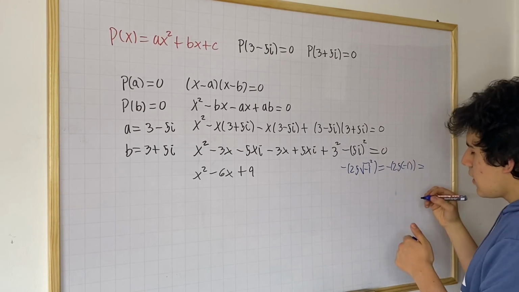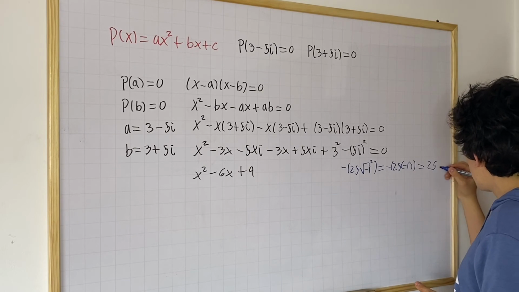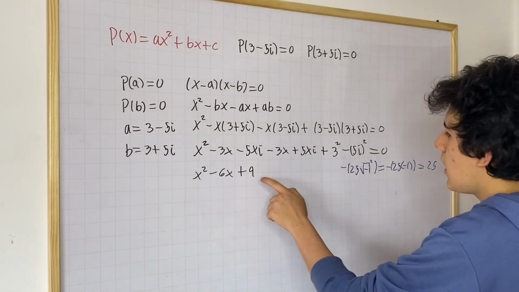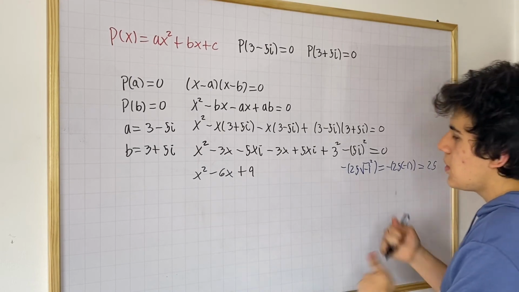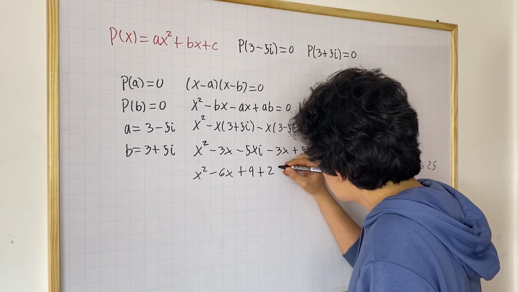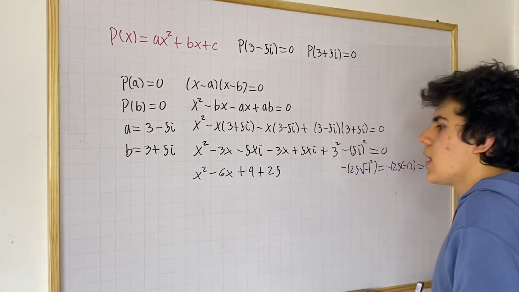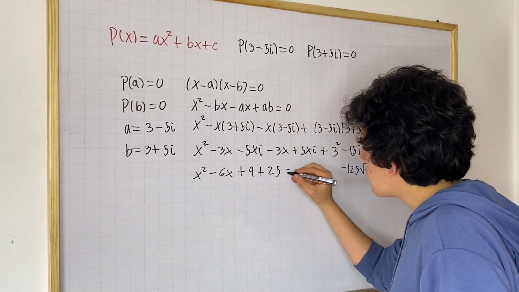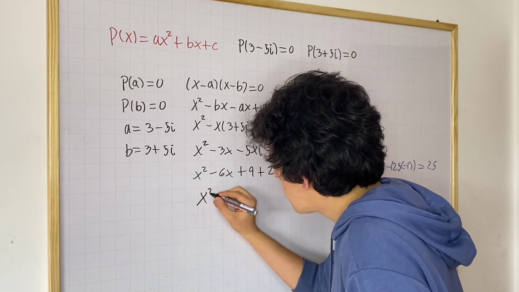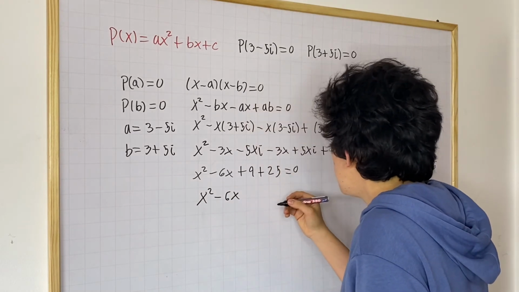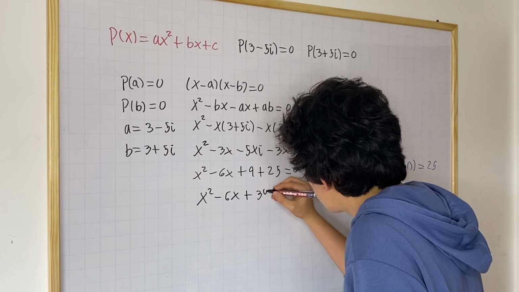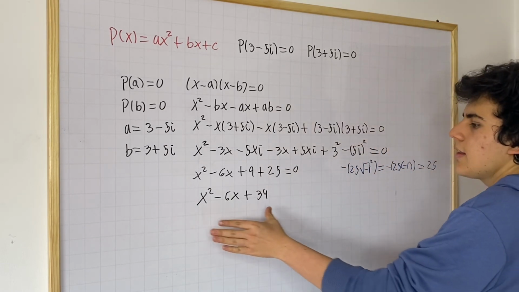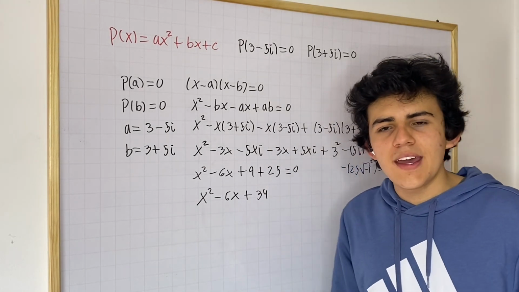This is just simply going to give you positive 25, okay? So we have plus 9, and then we also have plus 25, okay? And this is just simply the equation we are looking for. Plus 34. And this is the answer we are looking for, okay?